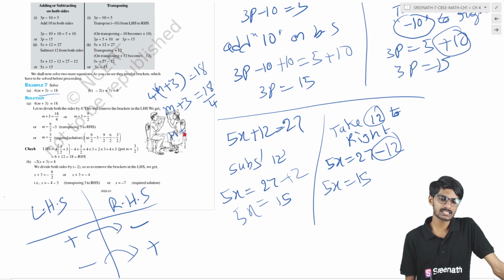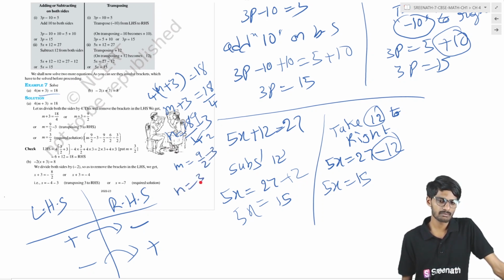So m + 3 is equal to 18 by 4, and m equals 18 by 4 minus 3. So finally m is 9 by 2 minus 3, which is 9 minus 6 over 2, so 3 by 2. This is the value for m.